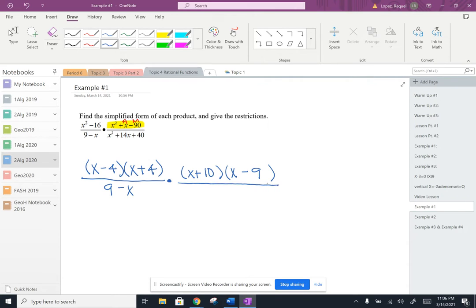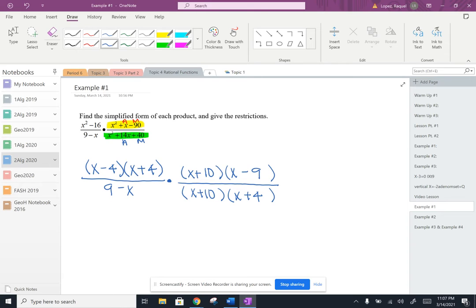Now let's focus on our denominator. It's another quadratic, so we're looking for two numbers that add to 14 and multiply to 40, and the two numbers that satisfy that are positive 10 and 4. So I'm going to have x plus 10 and x plus 4.